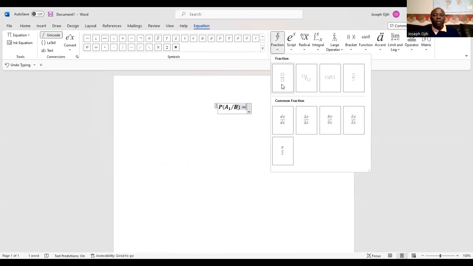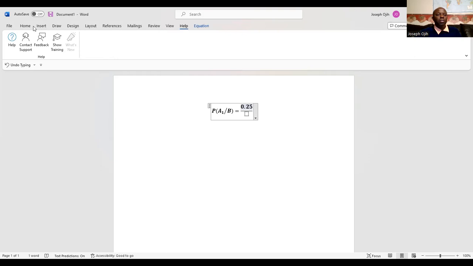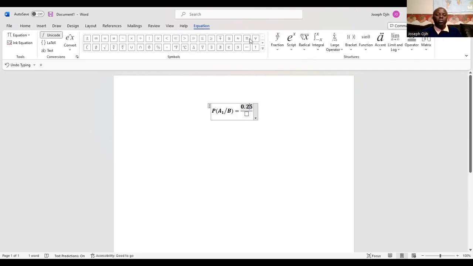So I'm going to have it here. The first group is, I wrote it on paper, 0.25 times the probability of A1, which is 0.40.